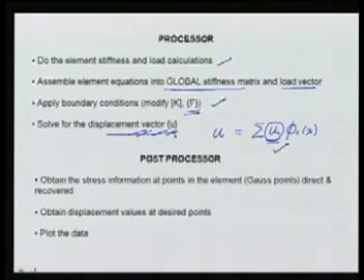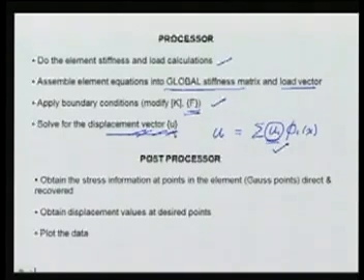From this, we can construct all the information we need in order to display the response characteristics of the component loaded by certain loads. This part of displaying and using the displacement vector that we have computed to get meaningful response quantities goes into the third big module, which is called the post-processor.